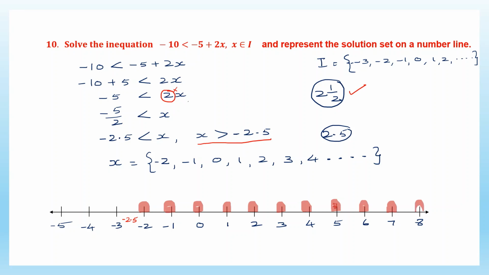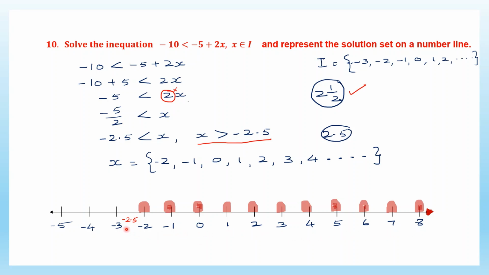So I've got up to 8. Depending on how much you have, you can highlight it right up to the end. Now, we have to highlight this arrowhead on the right side just to show that we are continuing. The number line continues here. So we are highlighting this portion. So this is how we show our solution set on the number line.